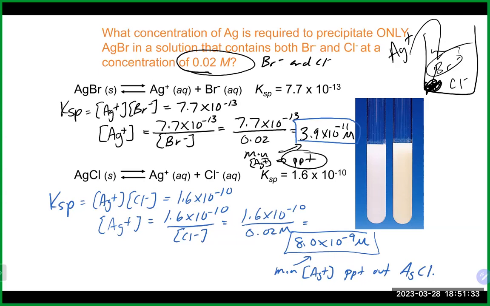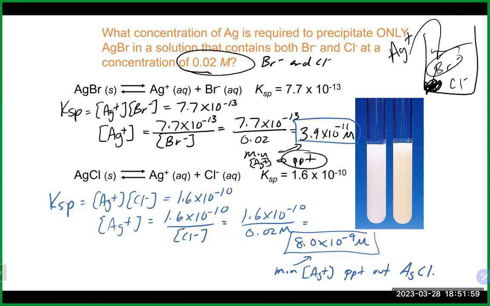I can feel very confident that the white solid that I'm seeing is the silver bromide coming out. I could even keep increasing the silver concentration all the way up until before 8 times 10 to the minus 9. And if I still see solid come out at that point, as long as it's below 8 times 10 to the minus 9, I could safely feel that it is still silver bromide.